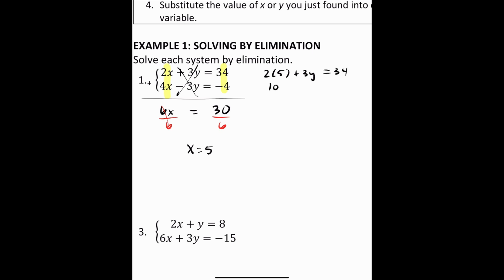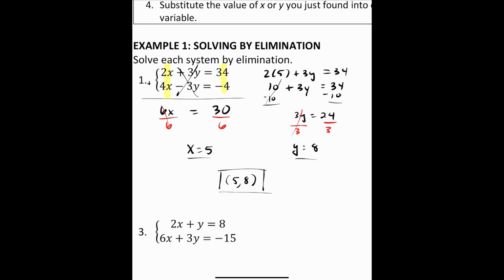Then 2 times 5 is 10, plus 3y equals 34. Subtract both sides by 10, because the goal here is to solve for y. So I have 3y equals 34 minus 10, that's 24. Then I divide both sides by 3. So y equals 24 divided by 3, which is 8. So x is equal to 5, y is equal to 8. Form that as an ordered pair. That is (5, 8). That is the solution to this system.